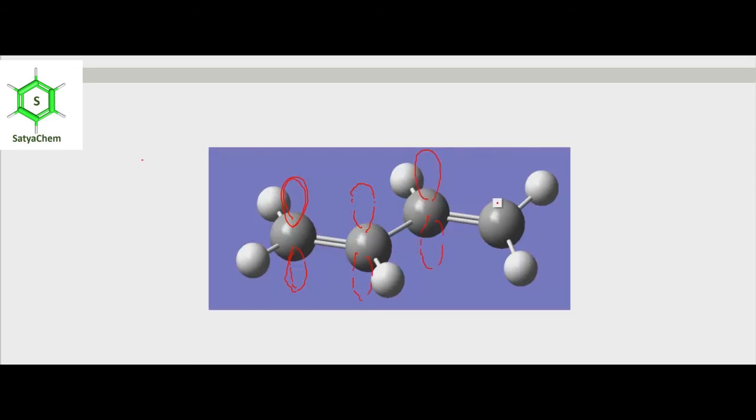These are the 2pz orbitals, each 2pz orbital contains one electron. So this is a pi bond and this is another pi bond. The remaining are sp2 hybridized orbitals, which I am not going to show, otherwise the picture will look very messy. So I think you have understood the sp2 hybridized orbital.